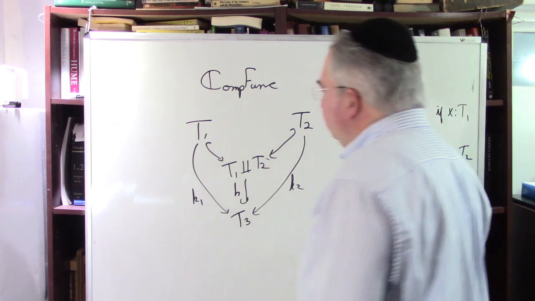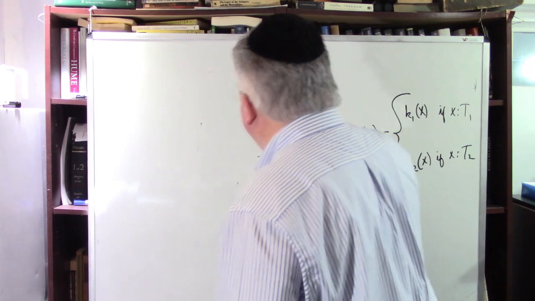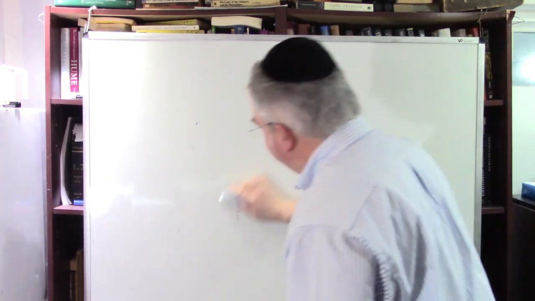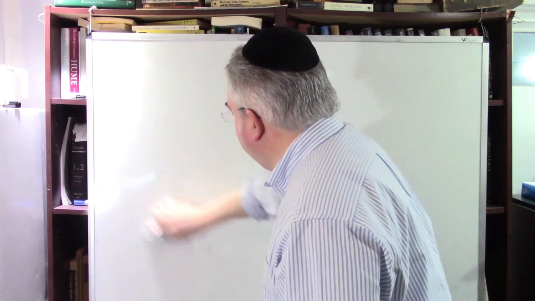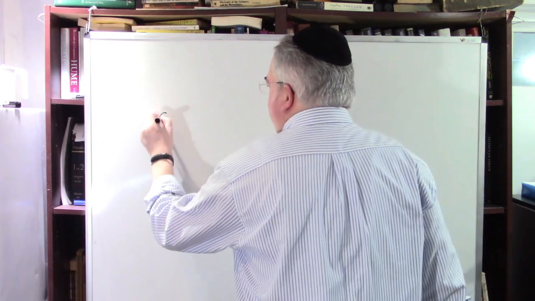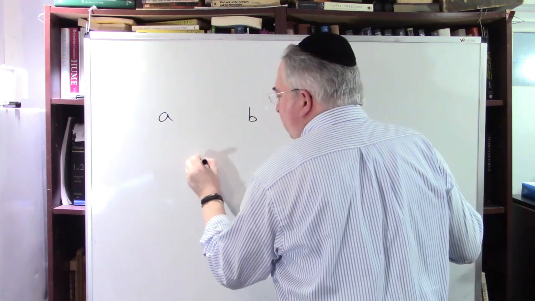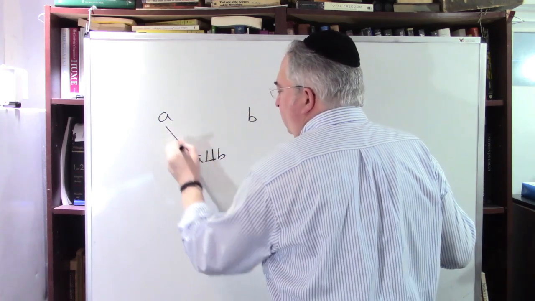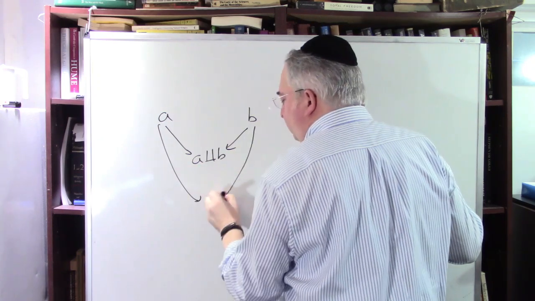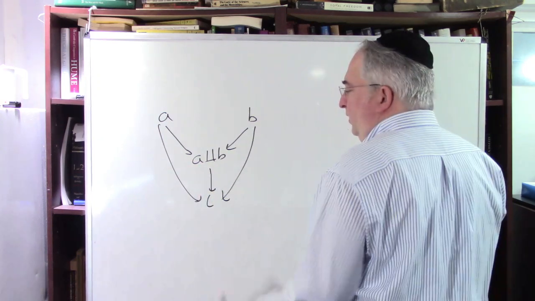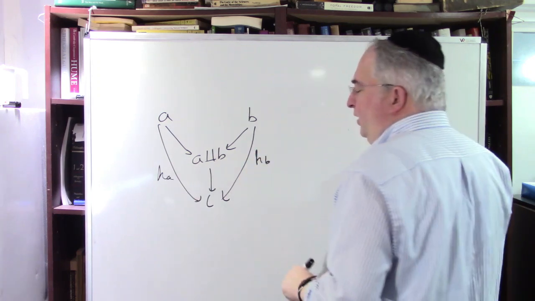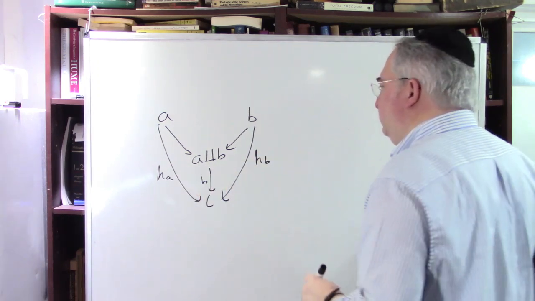All right, let's go back to our definition of coproduct and see if we can write it the same way we did product. We have A, B, the disjoint union A coproduct B, C, and maps KA, KB. Another way of doing this is as follows.